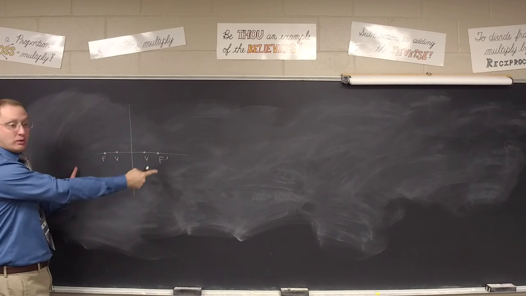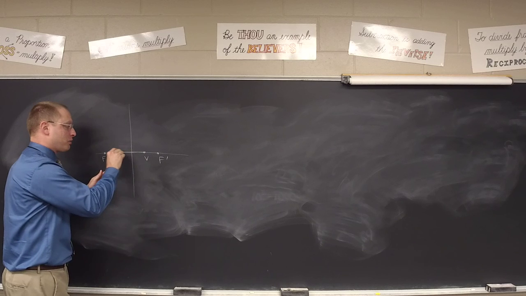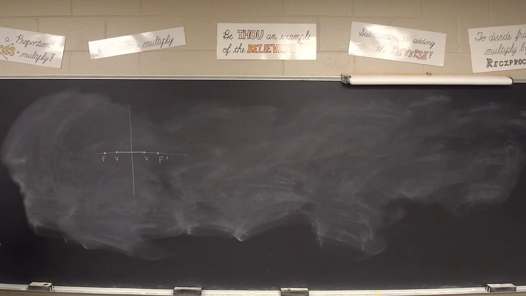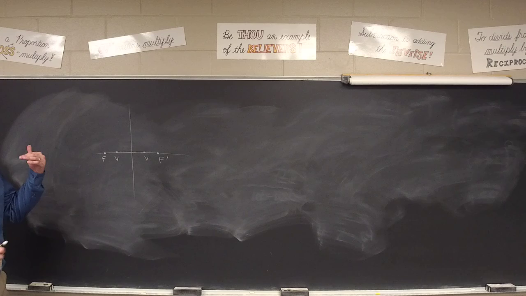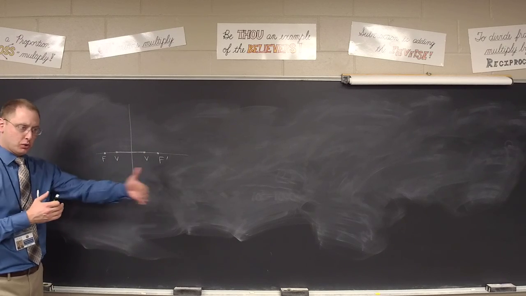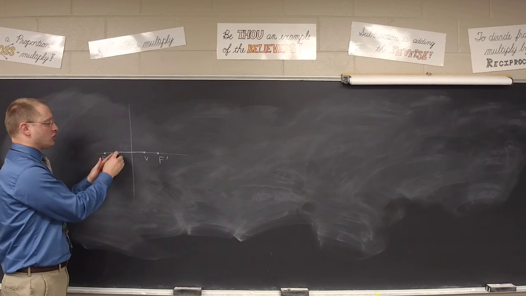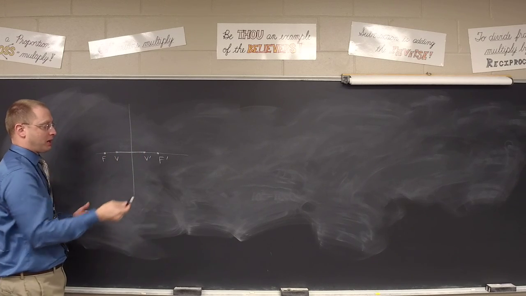Remember, the foci lie outside the vertices here, and specifically this length between the vertices is called the transverse axis. Remember, trans refers to going across or going between, like transatlantic or goes across the Atlantic. So transverse axis runs between the two V's, or V and V prime, I should say.